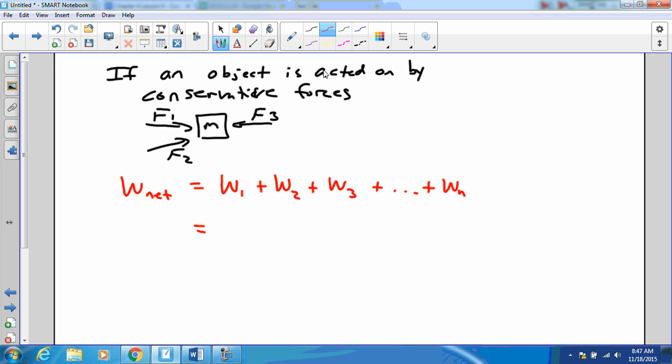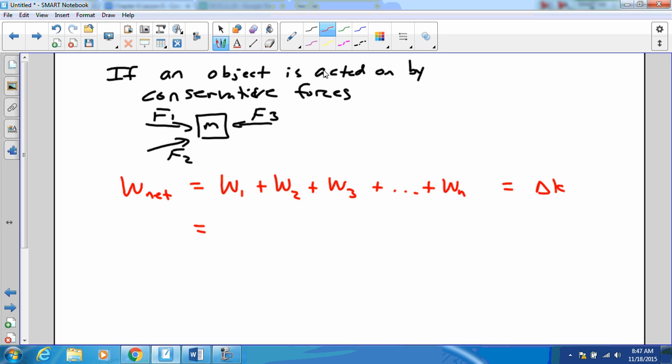Now, I know two different things about the work done by all these forces. The first thing I know is that the net work is equal to the change in the kinetic energy of the object. That's the work energy theorem right there.